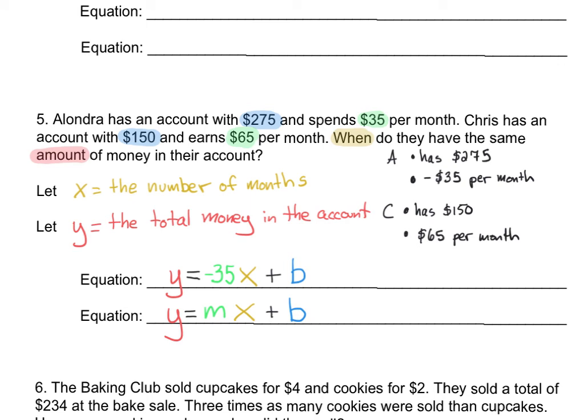And the amount she started with, $275, becomes our b, our initial amount. We can apply these same ideas to Chris's situation. He has a growth of $65 per month, so the m, the slope, becomes 65. And he started with $150, so that is our initial amount. And here we are, a system of equations for this situation.